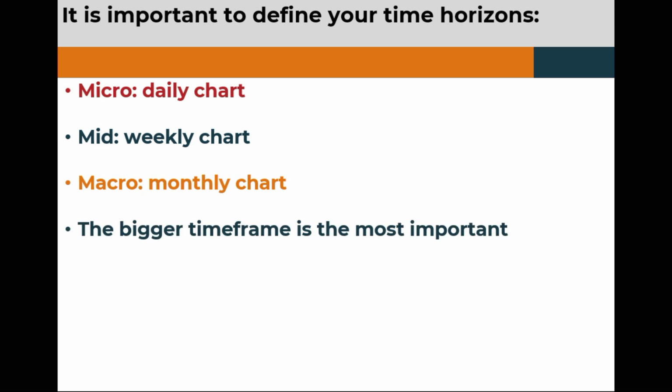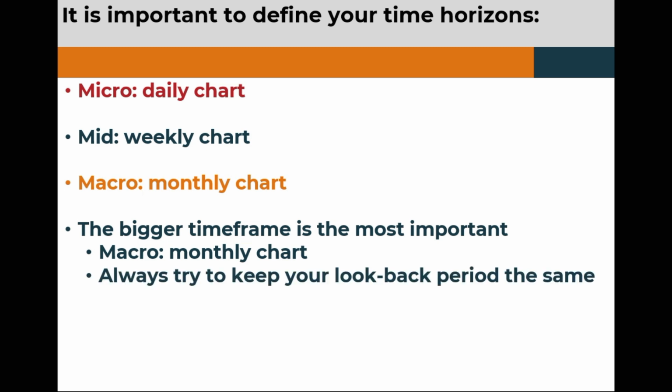But very important, the bigger time frame is always the most important. Now in our example, the macro, the monthly chart, will be the predominant trend direction. And always try to keep your look back period the same. So what do I mean by this? If I'm going to look at my monthly chart, all my monthly charts will start from 2003.